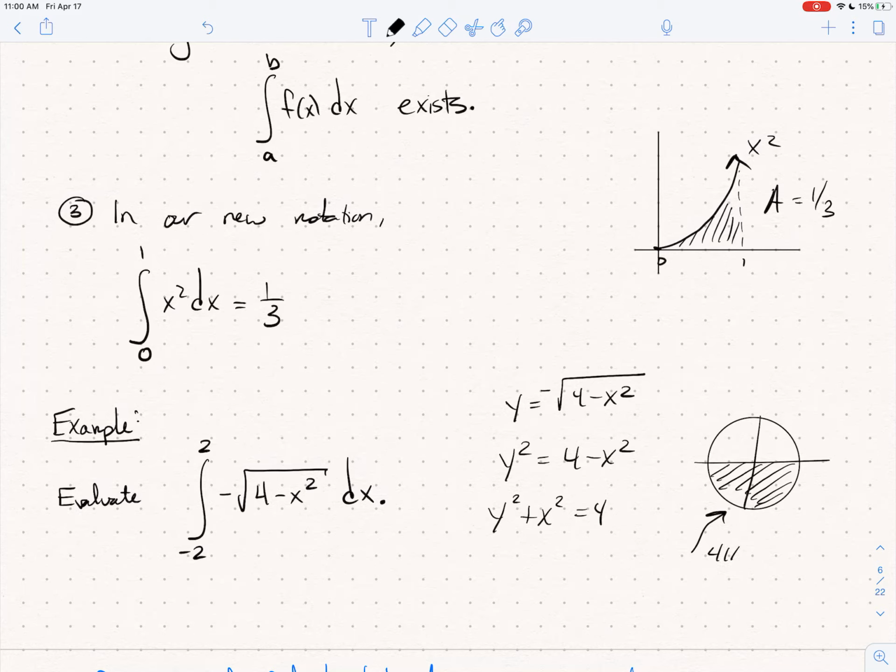So the area of the half circle is 4 pi over 2, which is 2 pi. So our definite integral is equal to negative 2 pi. It's negative area because this function dips below the x-axis. All right, so let's stop this video here, and then we'll keep going with some properties of these integrals.